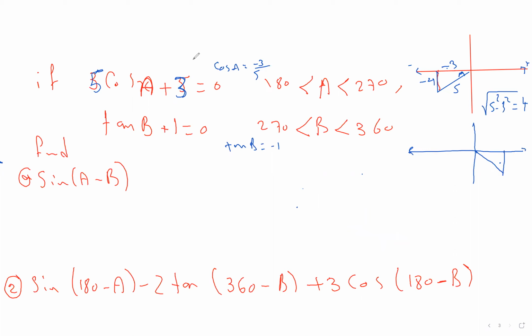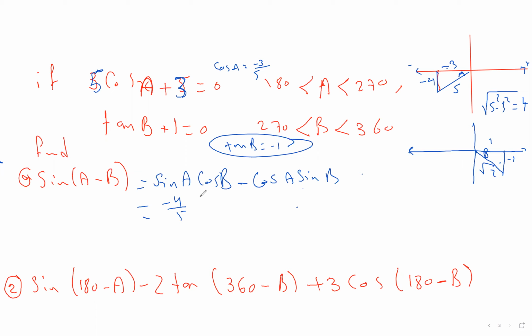Let's see the solution. Number 1, sine A minus B. The formula is sine A cosine B minus cosine A sine B. What is sine A? It is negative 4 over 5. You can write them before you solve. Cosine B, where is B? Tan equals negative 1.